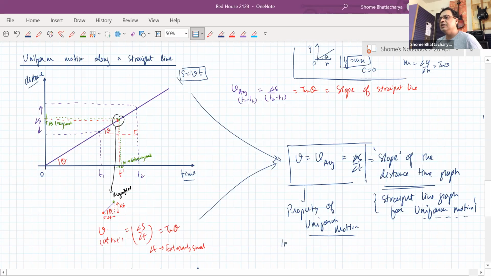Okay, the instantaneous speed, that is the speed at a particular instant, will be equal to the average speed for any interval during the motion.